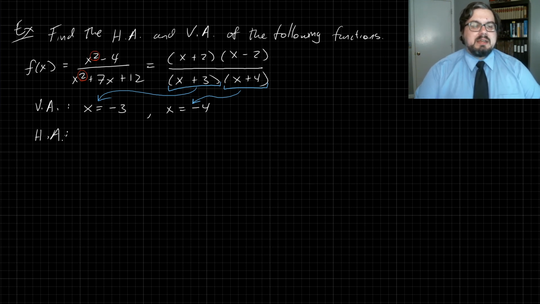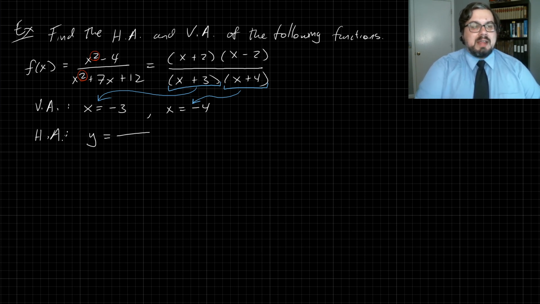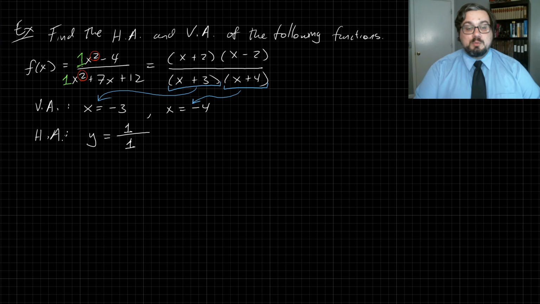The degree of the numerator is 2, and the degree of the denominator is 2, and therefore the horizontal asymptote is going to be y equals the ratio of the two leading coefficients. In this case, both have a leading coefficient of 1, which means the horizontal asymptote is the line y equals 1 over 1, which is just the line y equals 1.